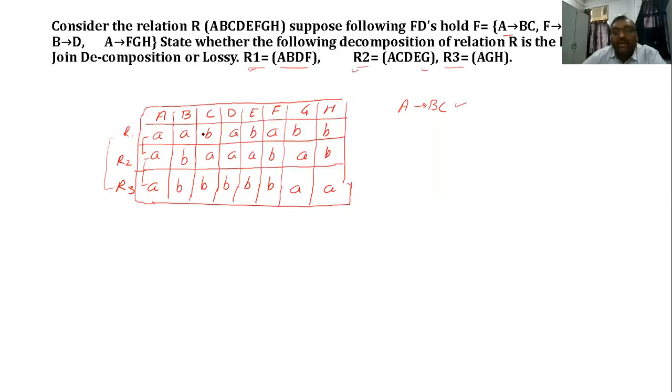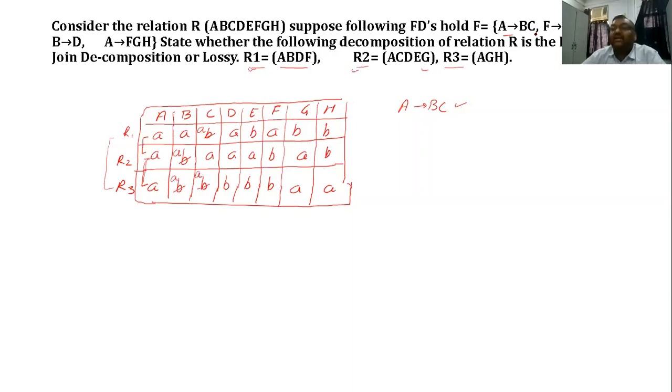Corresponding to A, in B and C, if there is a b, cut that b and write a. Similarly cut the b here and write a. So A determines BC is applied there. Now come to this other pair: A determines B was already done, and in this line it is b, b, so A determines BC applies and you can simply cut those b's and write a.